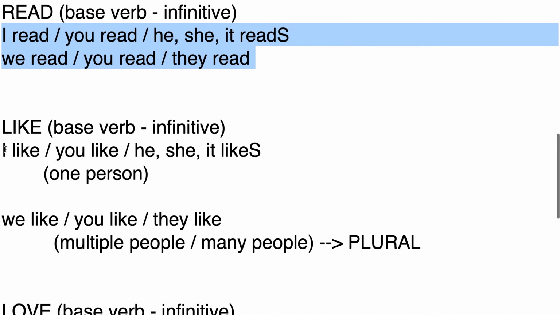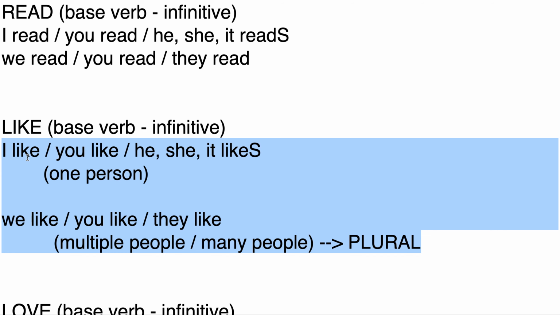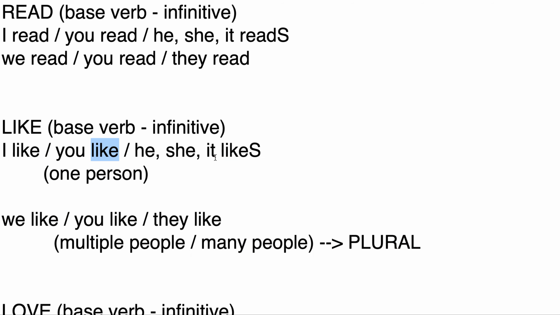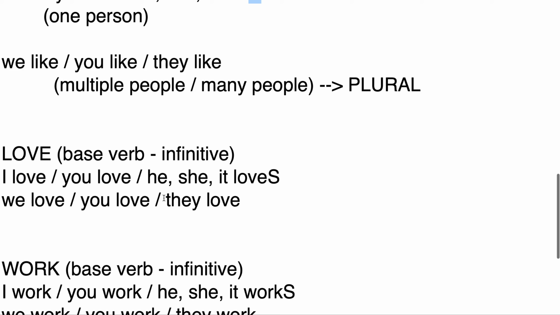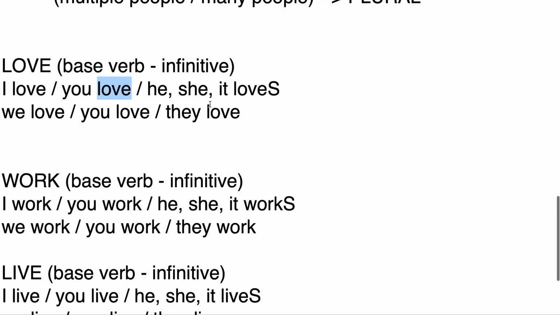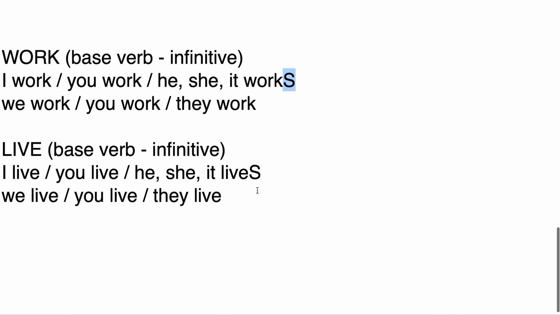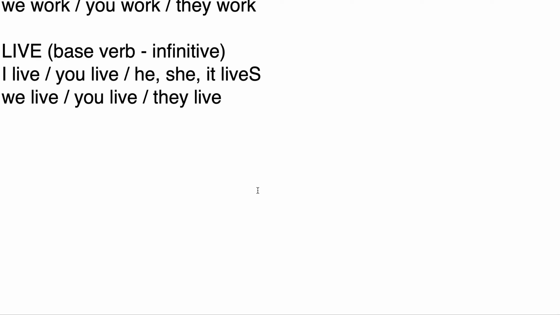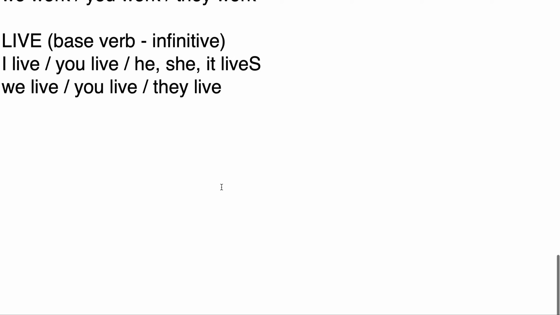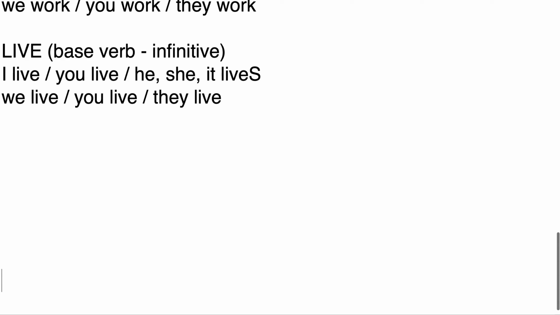So it's basic, no change, and add an S. Or love, no change, add an S. Work, no change, add an S. But now, unfortunately, life in English isn't that easy. So let's take a look at a couple of special cases.